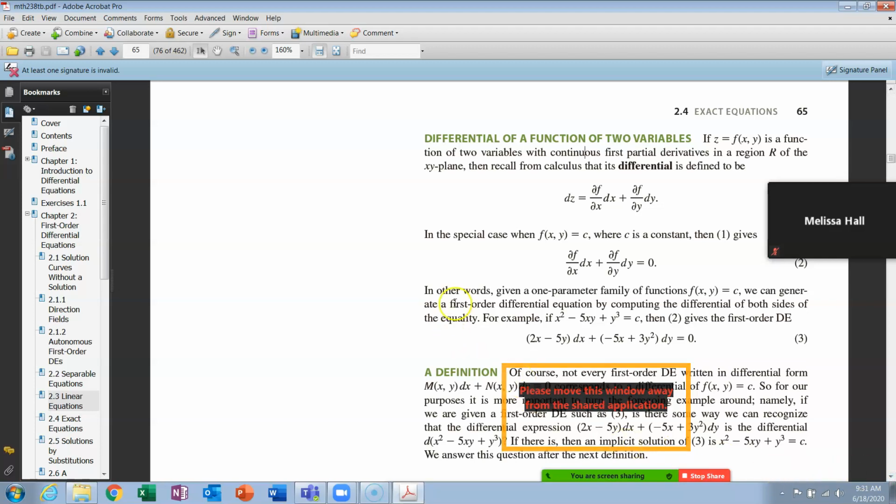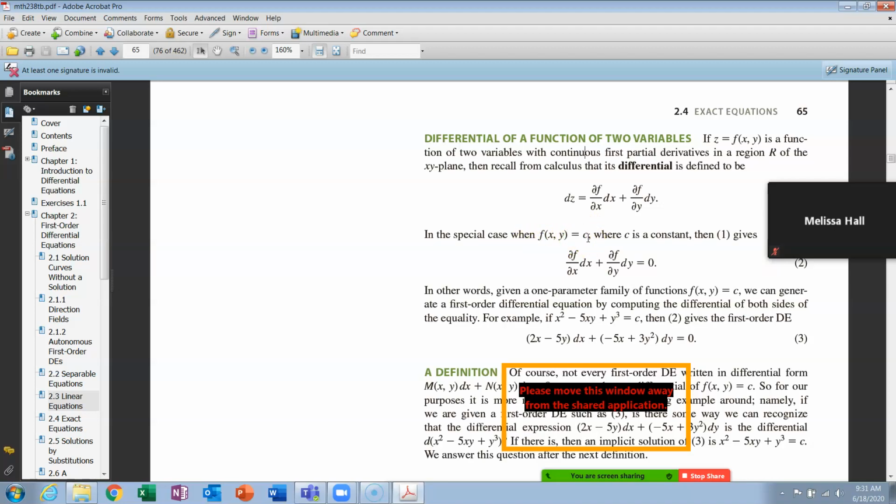In the special case where f of xy is a constant, and remember we started with a differential expression, but it was equal to 0. And I said, if this can be represented by a function f of xy, if its differential is 0, that means that function f of xy is a constant.